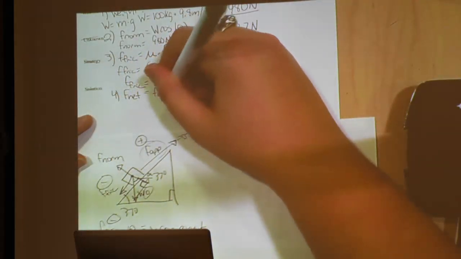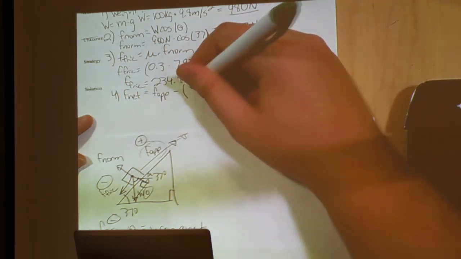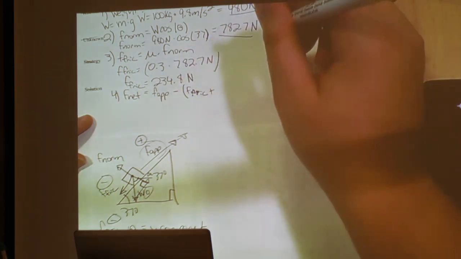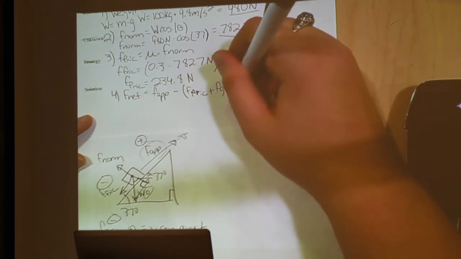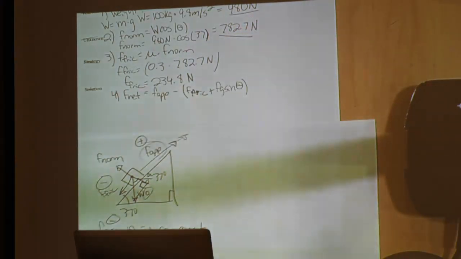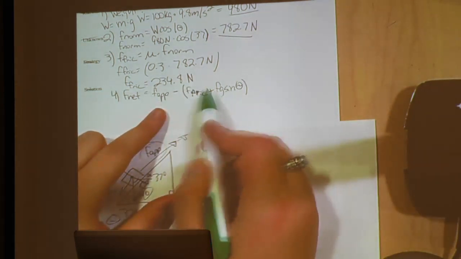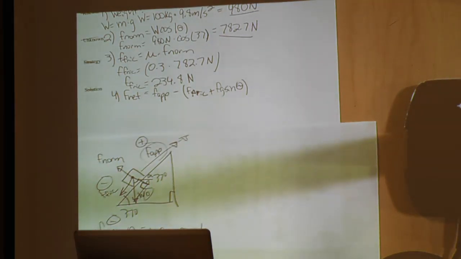The net force in that direction is going to be the force applied, minus the force of friction, plus the component of weight, which is Fg sine theta. You can either write it out this way or distribute the negative sign if you like that better. I like to write it like this because I think it makes it look a little neater.